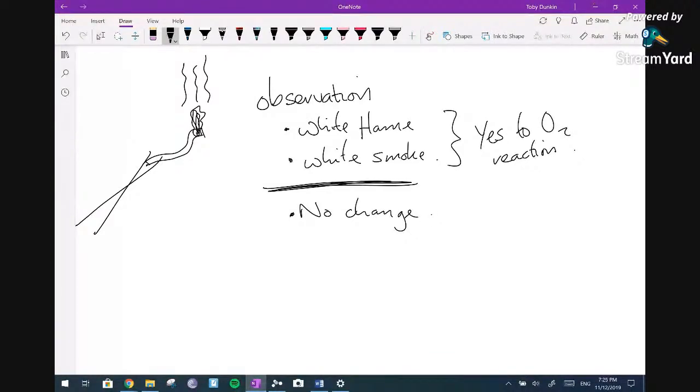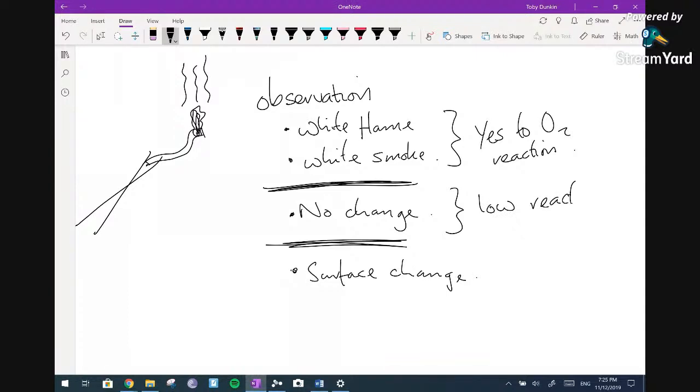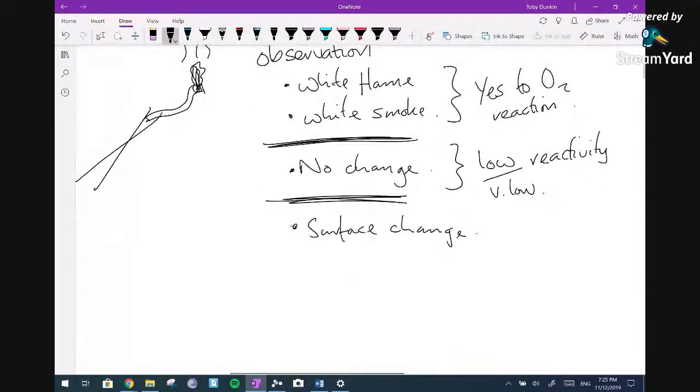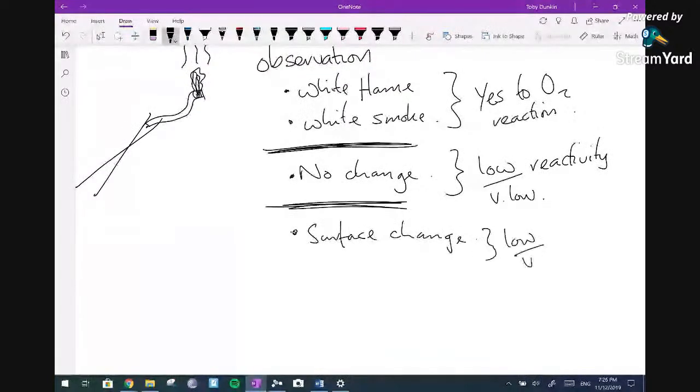We might see that there is a third option. If we look at an example like copper, it might turn black, or you might see a surface change. Well, if there was no change at all, we could pretty much say low reactivity. Low, if not very low, either one. If it reacts on the surface, it is low or very low.